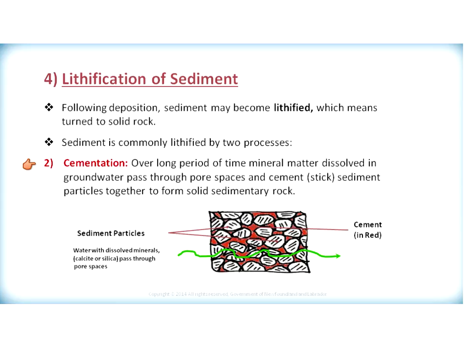So if we look at the diagram below, we see we have various sediment-sized particles here. And in between the particles, we see red cement. And this cement is carried by the water, which percolates through the pore space. So water with dissolved minerals, such as calcite and silica, which are two common natural cements, pass through the pore spaces with the water.